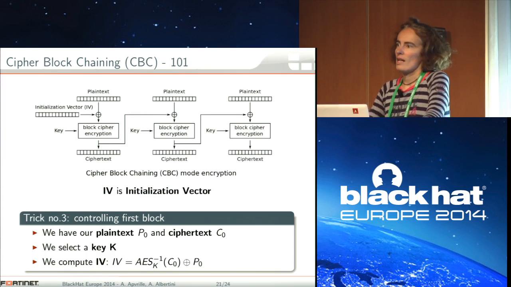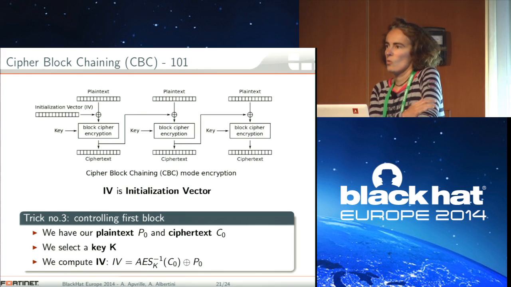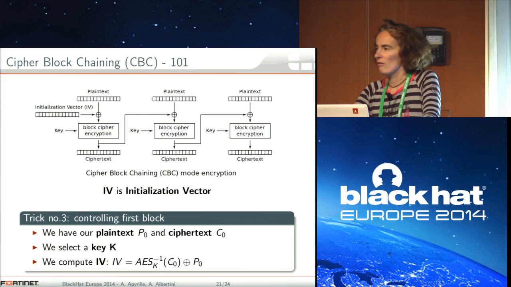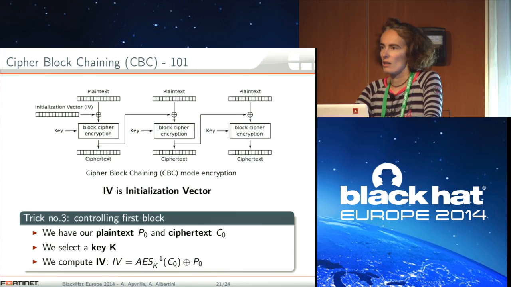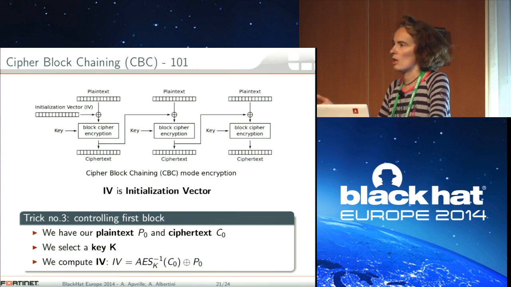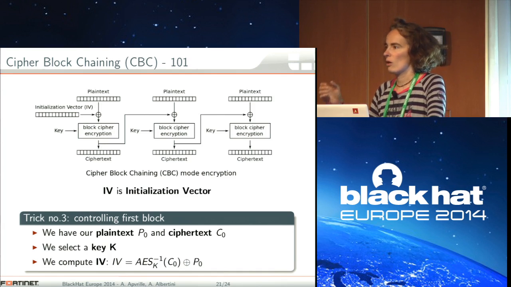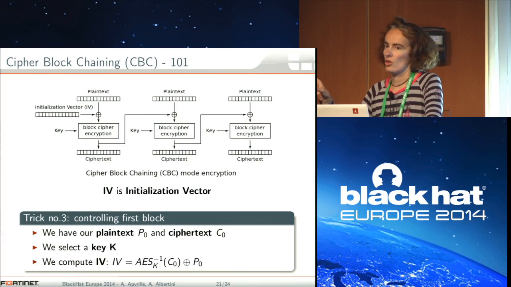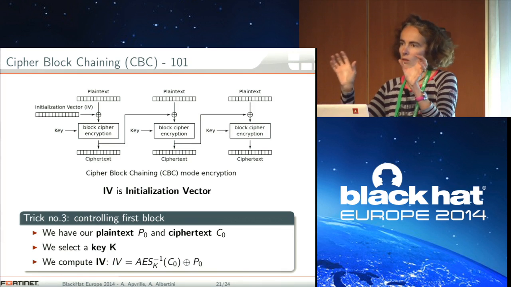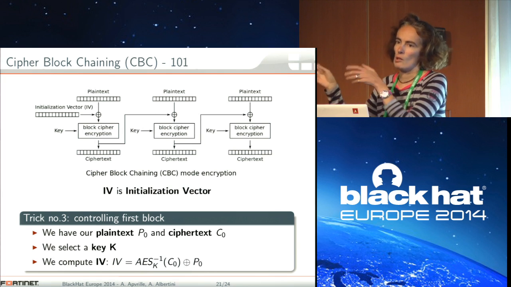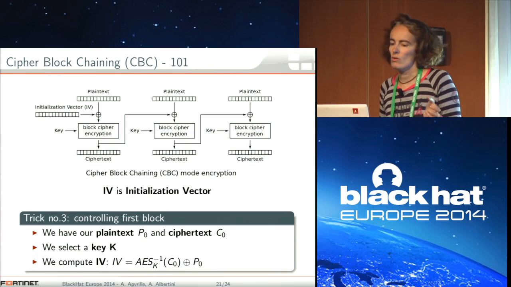So again, in our case, we know our first block, the first 16 bytes of the Android application. That's the first 16 bytes of the plaintext. We also know the first 16 bytes of the ciphertext. That's the beginning of the Anakin Skywalker image. So we know what we want those to look like. We can select the key, Anakin equal dark side, or whatever you want to choose.